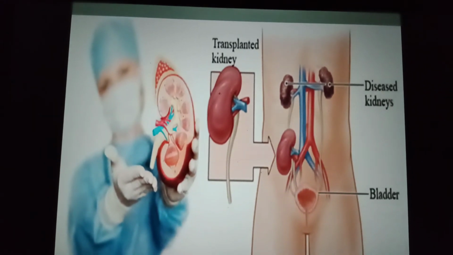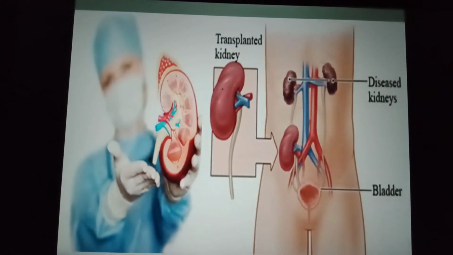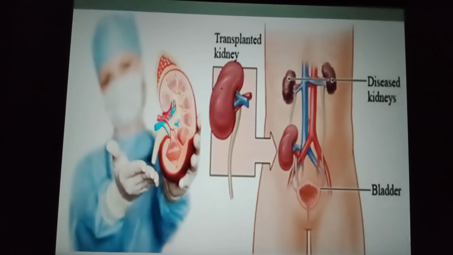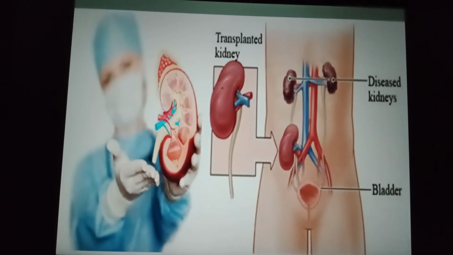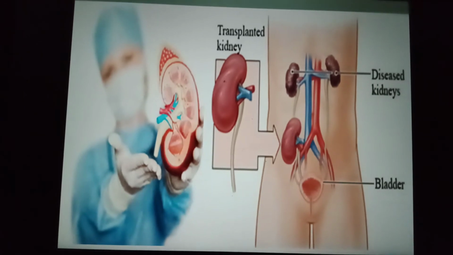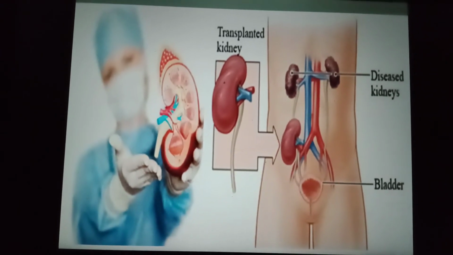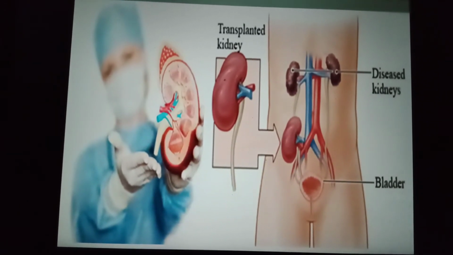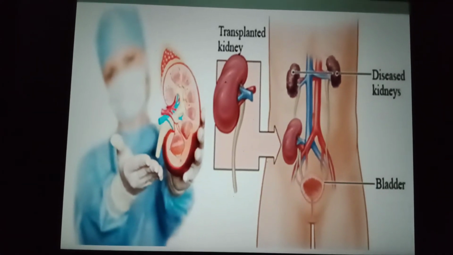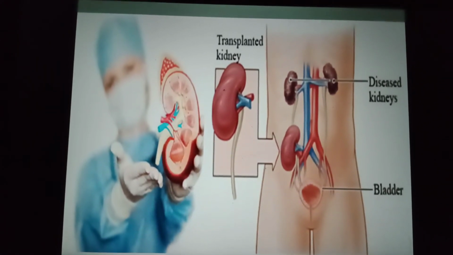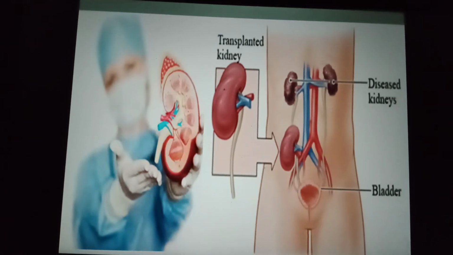It is the replacement of the patient's damaged kidney with a donor's healthy kidney. A kidney may be donated by a deceased donor or a living donor. The donor may or may not be a relative of the patient.